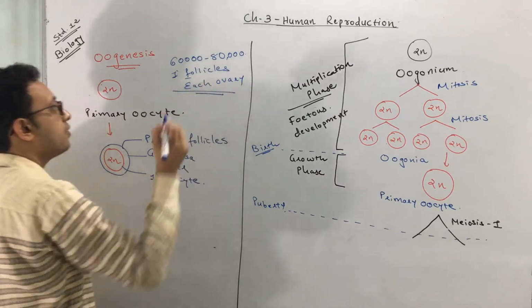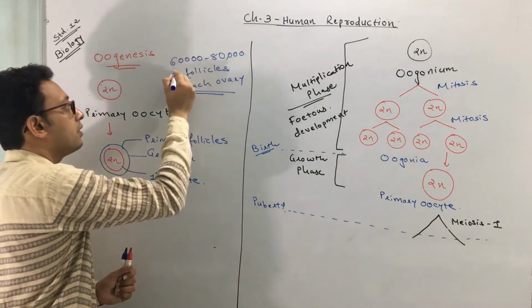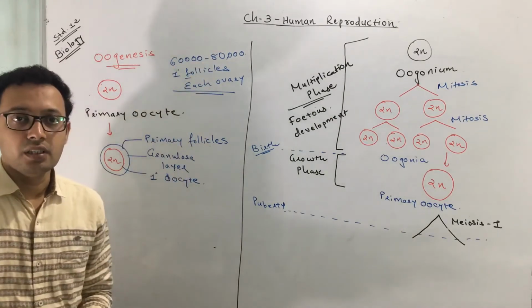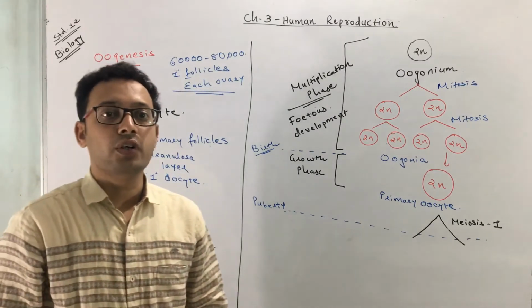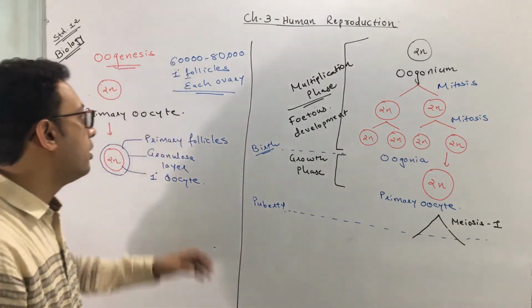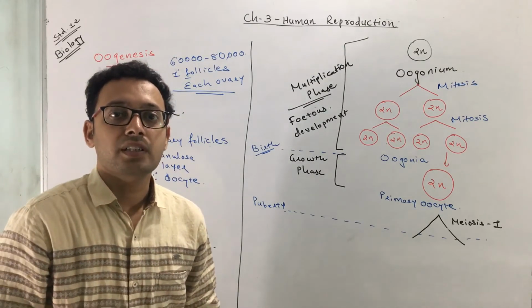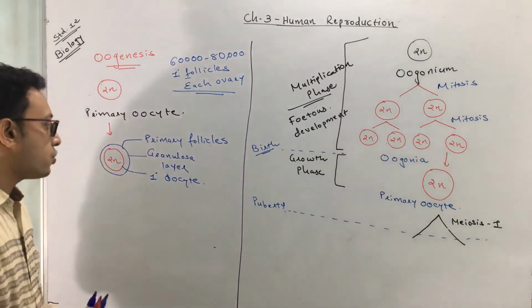Though thousands or millions of oogonia have been formed, at maturity only 60,000 to 80,000 of these follicles remain in each ovary.